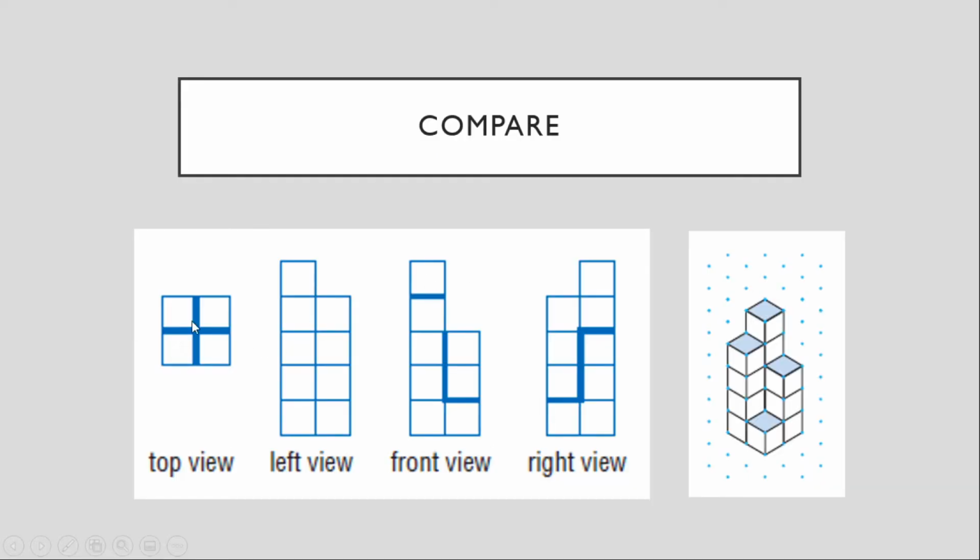So this one, on the top, we see four changes in height. Okay? From the front view, we see that there's a change in depth between the furthest left. So there's a change in depth here, so that there's a one square difference. And then there's a change in depth here, so that the front is one square, and behind it is three height.